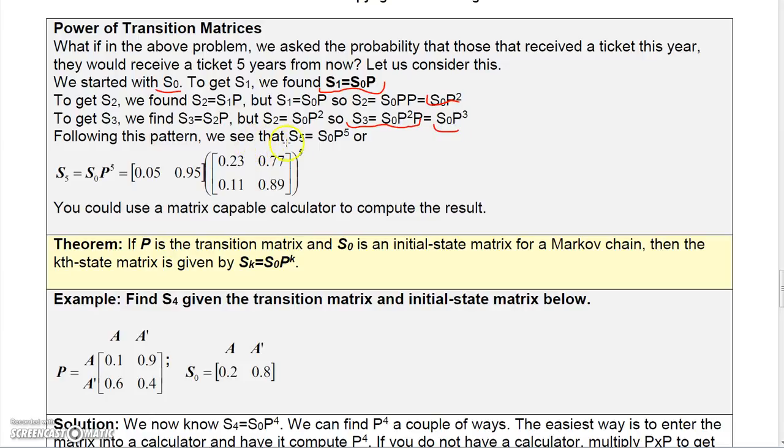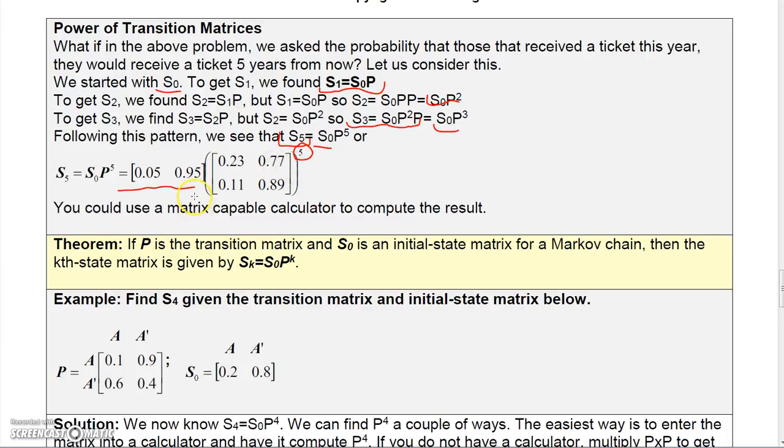So following this pattern, you can see that if you wanted any state matrix, all you have to do is take S naught and multiply it by the transition matrix to the power of the state you're looking for. So if we wanted S5, we would just take S naught, which is the 0.05, 0.95, and multiply it by this transition matrix to the 5th power.